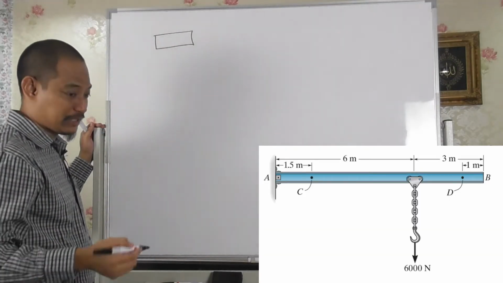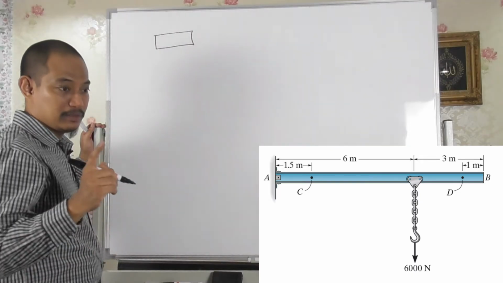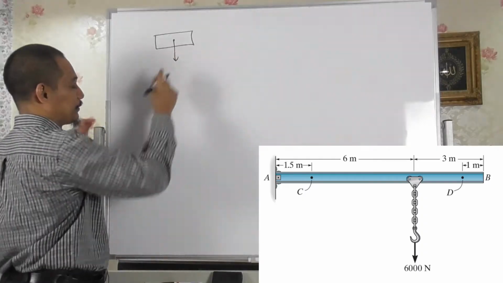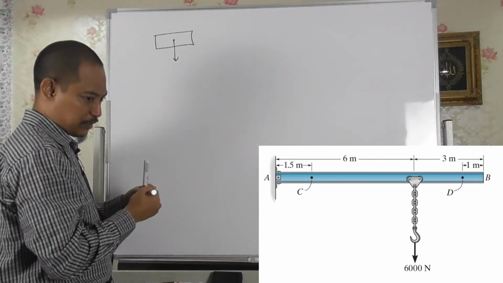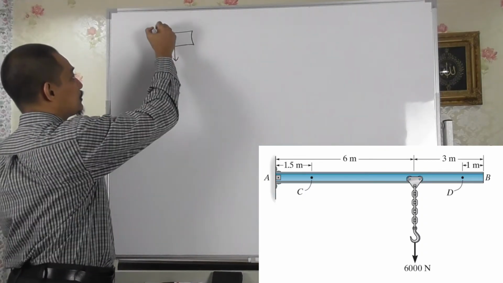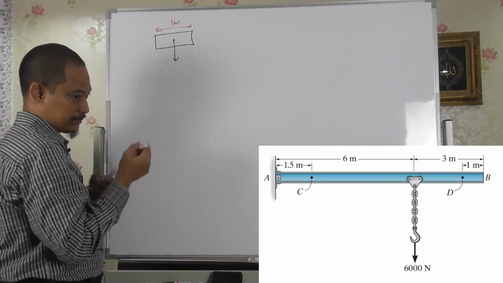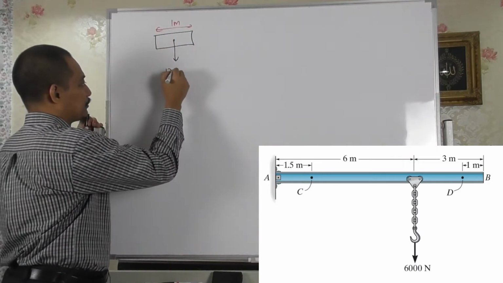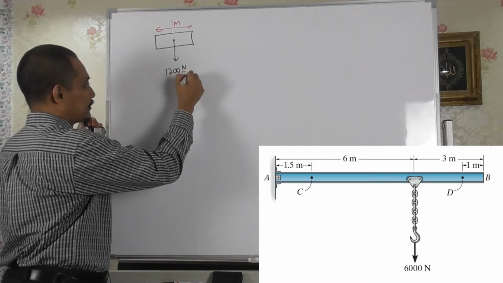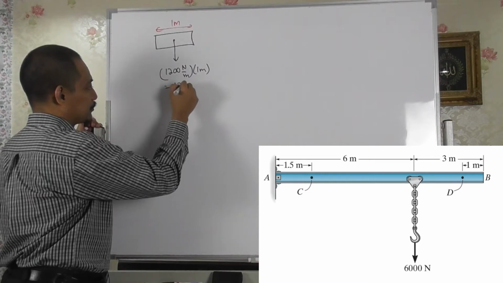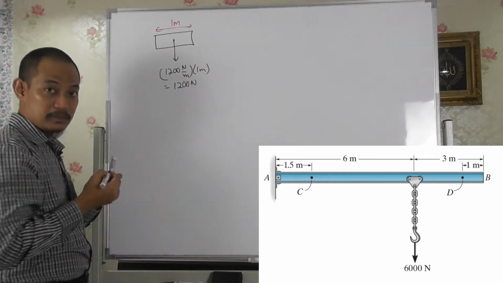If you take section DB, there's no external force there, but you have, again, remember the density, which means it has the weight going down. The whole thing is 1 meter, so it will be 1200 Newton per meter times 1 meter, meaning 1200 Newton.